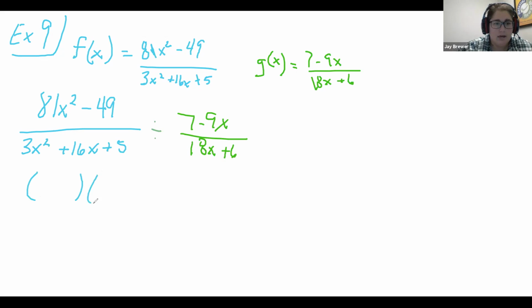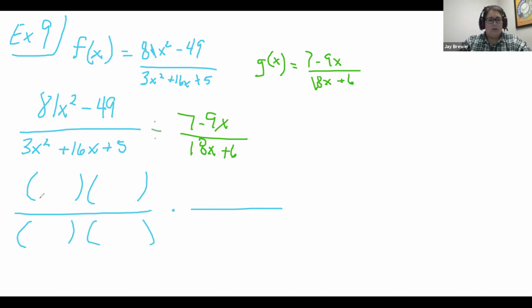We're going to have our factors for this part. It is going to be flipped. So the bottom one ends up being 3x plus 1 and then x plus 5. Then on the top, we actually end up getting 9x minus 7 and 9x plus 7.